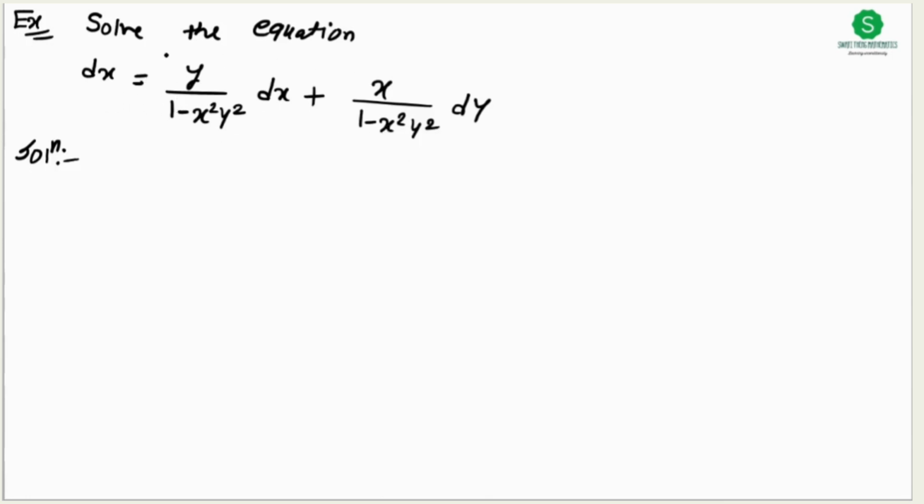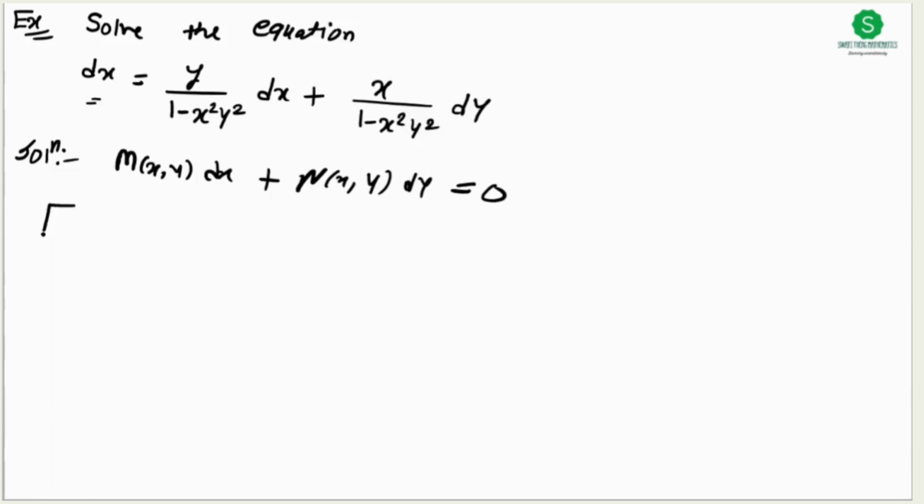First of all, we have to convert this equation into our standard form, that is m dx plus n dy equals 0. So the whole term we have to shift to the left hand side. So I will shift this dx to the right hand side.